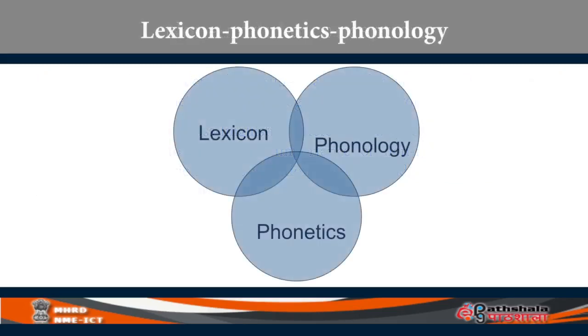Phonetics, phonology and lexicon are overlapping, all three of them. This is a new way of looking at the lexicon, phonetics, phonology interface, and unless you take this perspective, you cannot explain why there is so much variation in the way children acquire sounds and learn to use those sounds to make up words.